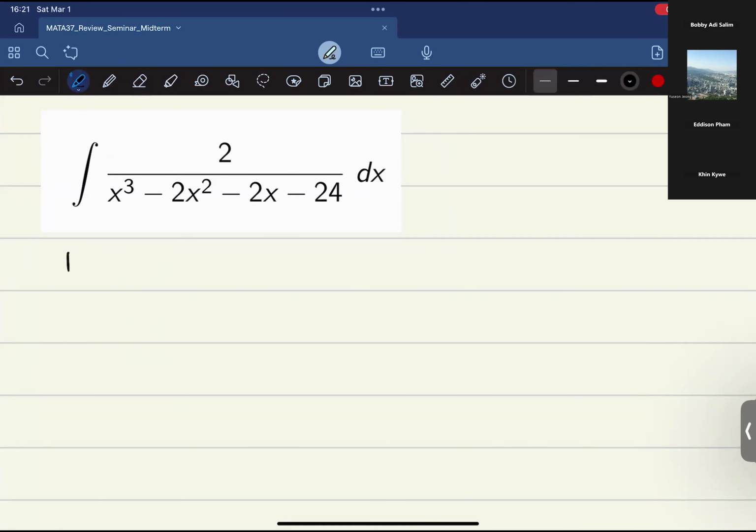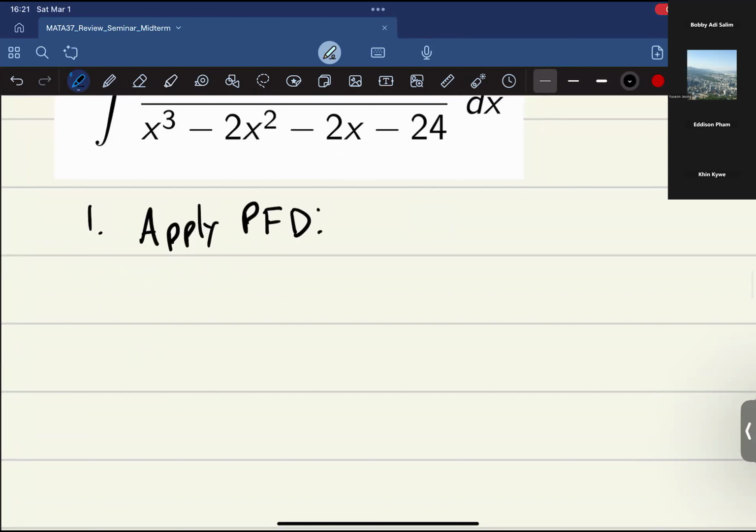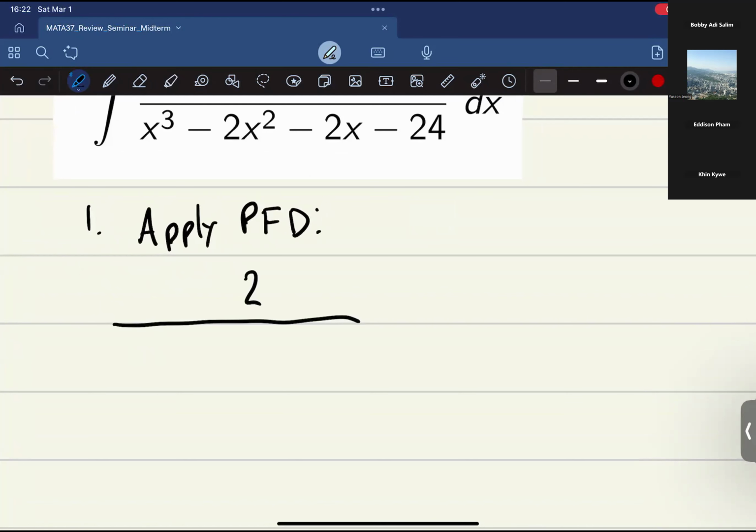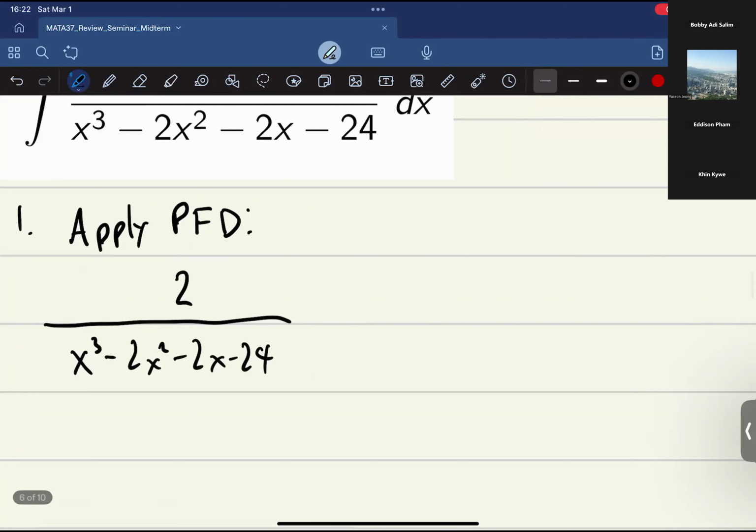So our first step will be applying PFD. So here we're taking the integrand, which is 2 over x cubed minus 2x squared minus 2x minus 24. And our first task is to factor the denominator.